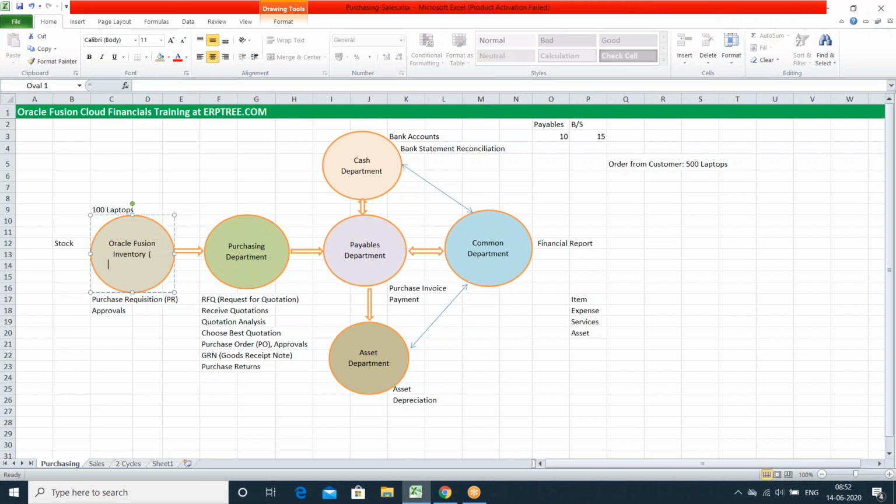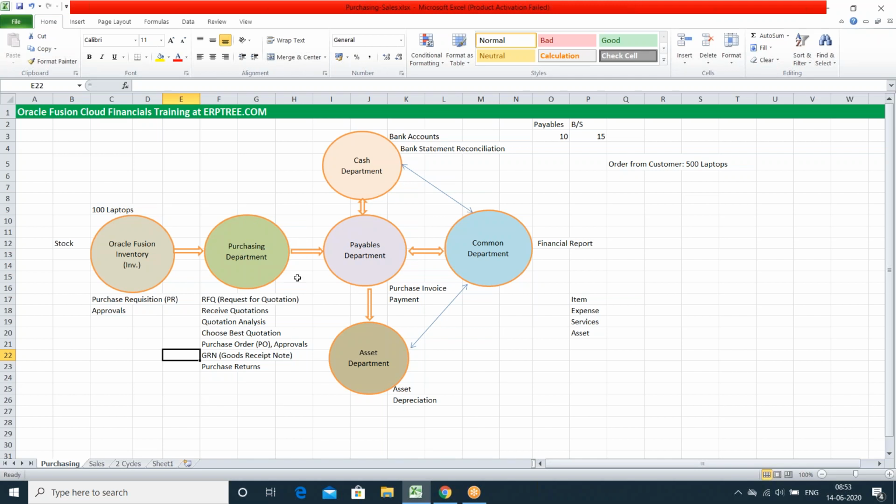The short name is INV. By using the Oracle Fusion Inventory application, we can maintain the stock, create purchase requisitions, and get the approvals. Apart from that, a number of inventory warehouse activities can all be managed within the Oracle Fusion Inventory application.